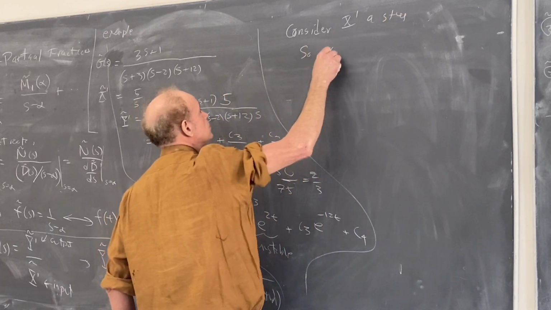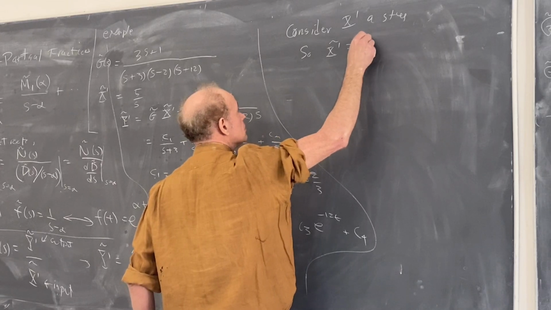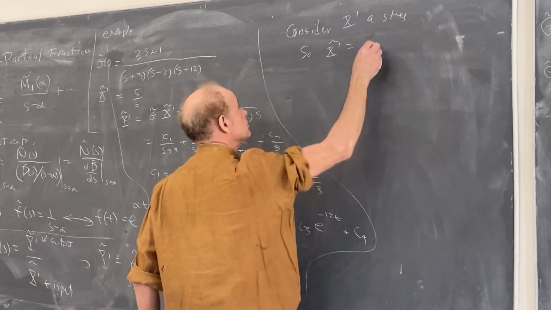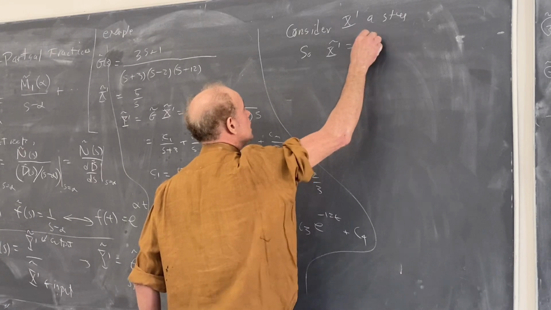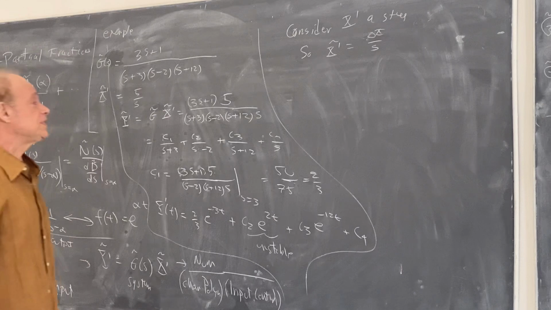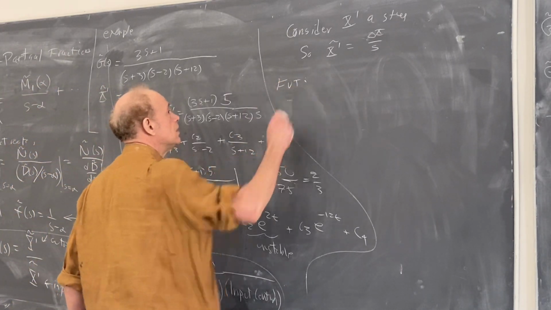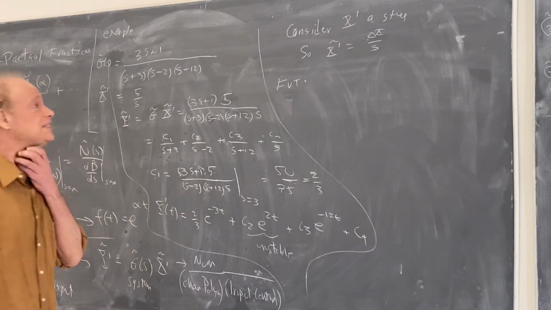So X prime tilde is some number, delta X over S. It's 1 over S times delta X. So let's use the final value theorem.